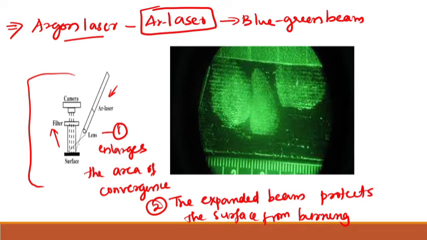Then it reaches the surface and develops the print, and the imprint goes to the filter, which absorbs the shorter wavelength rays and passes only the longer wavelength light, protecting the eyes of the observer. This can be captured using a camera, so that we get an imprint like this. Everything under this laser development should be done in a dark room.